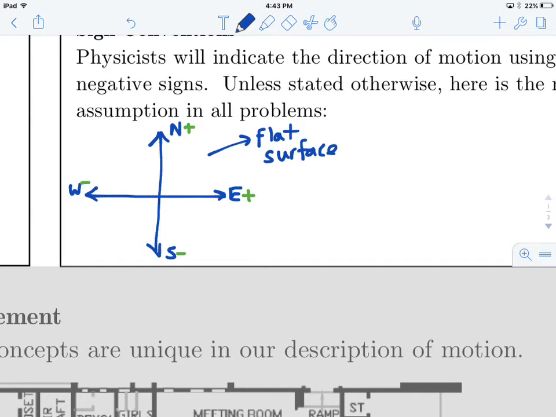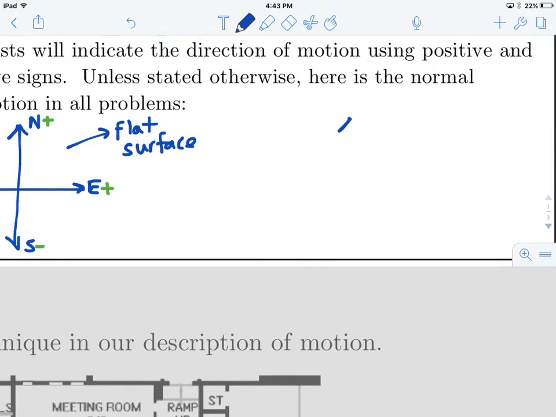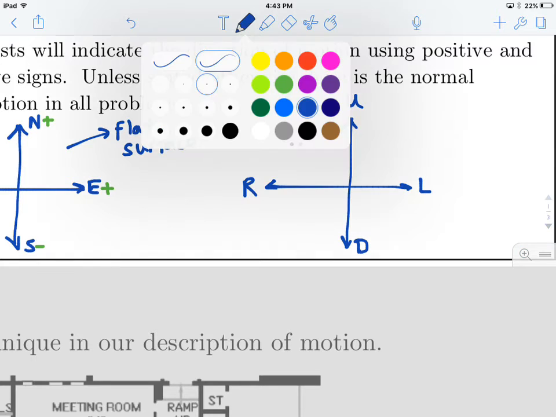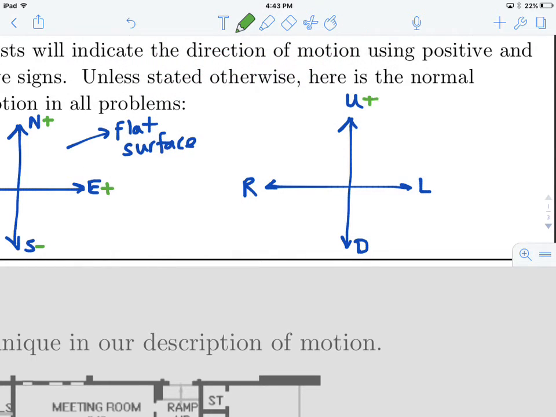But when we flip our convention into an upright direction, and you will see this later on in the unit, we could also have left and right and up and down. Again, same sign conventions, positive and negative, and positive and negative.